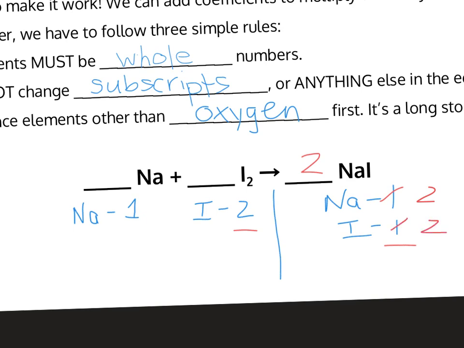So I fixed my iodine problem, but now I created a sodium problem. So I'm going to need 2 atoms of sodium. So what this is really telling me is that I need 2 atoms of sodium for every 1 molecule that contains 2 atoms of iodine in order to make 2 molecules of sodium and iodine together.